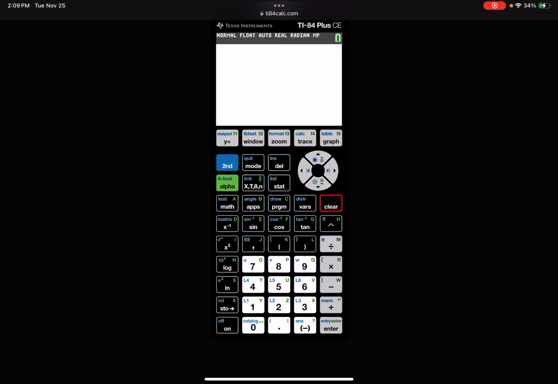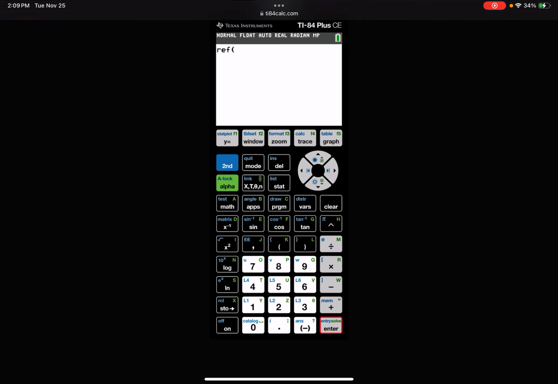Now, to find the row echelon form of that matrix, I'm going to go back to second matrix and go over to math. I'm going to scroll all the way down until I see REF, just one R, REF, and I'll click enter. Then it puts the REF notation on my calculator screen.